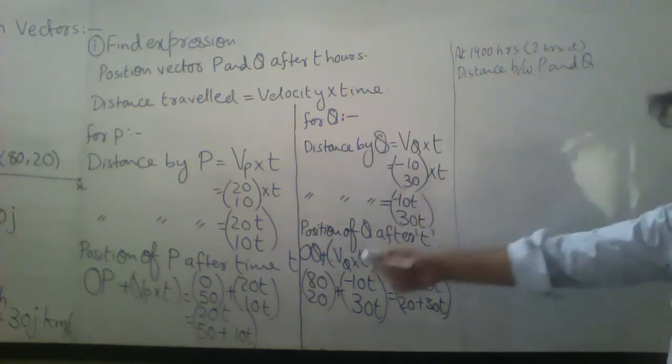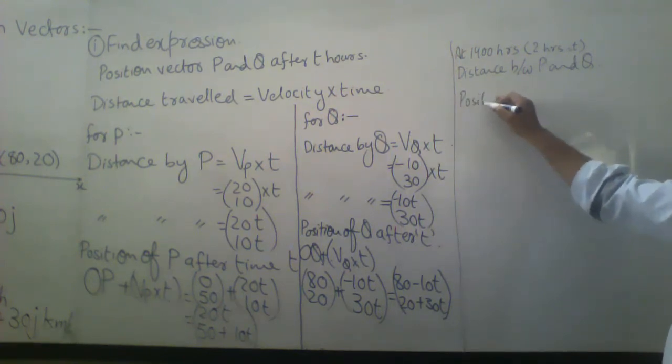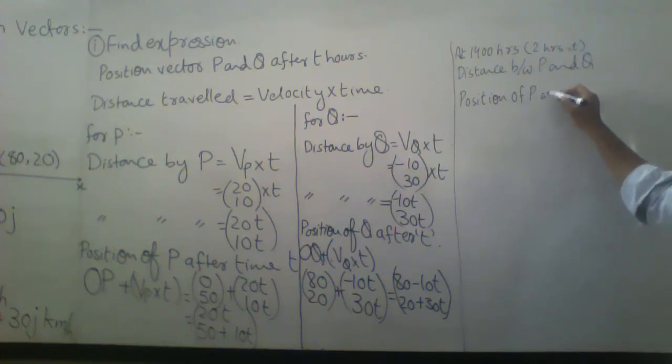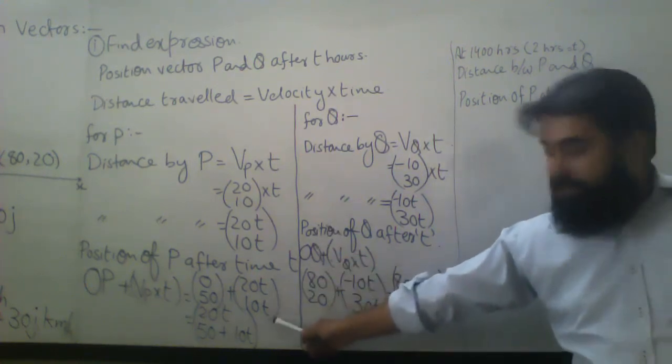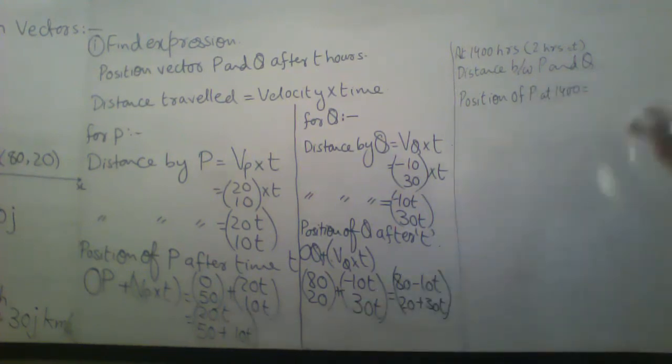Now, first of all, the position of P at 1400 hours. What was the value coming? The value is (20T, 50 plus 10T).